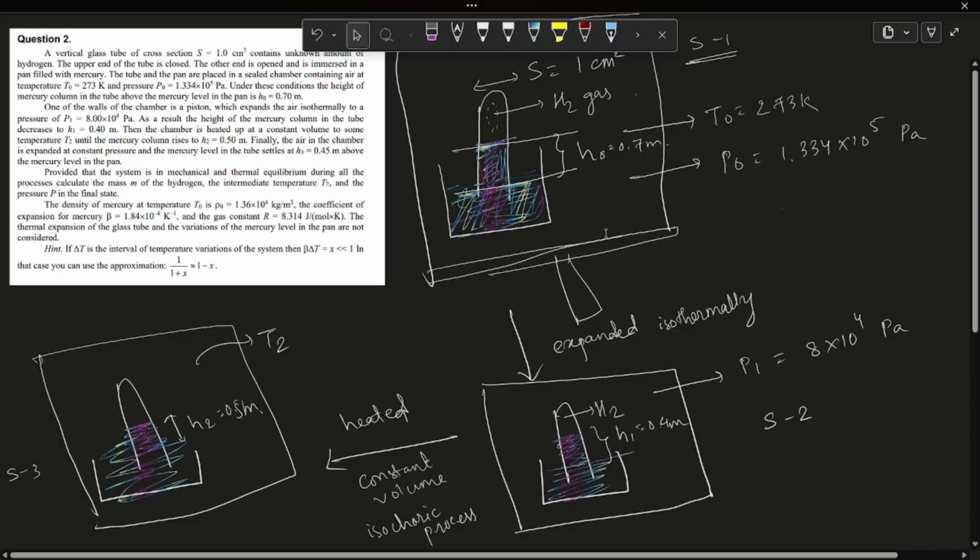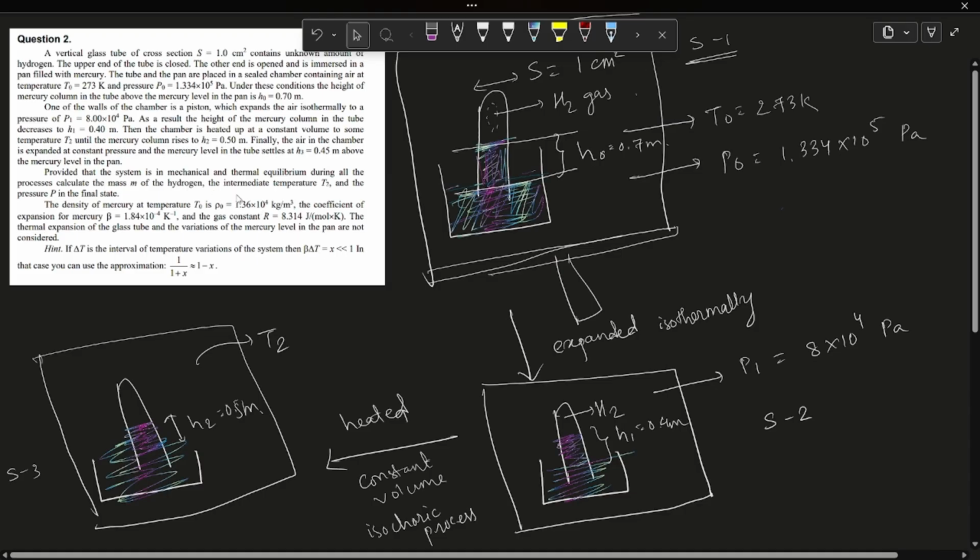When we expand or contract the piston, the air's temperature changes, means system S2's temperature is changing. As S1 and S2 are in thermal equilibrium, S1 will also have the same temperature as S2, right? This is what I want to say.